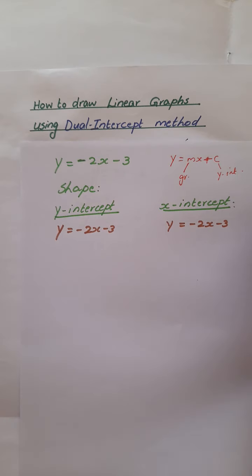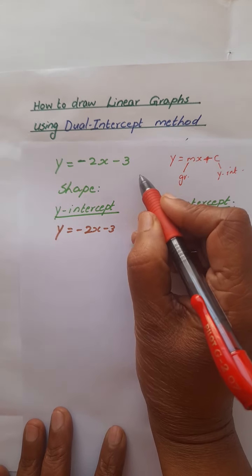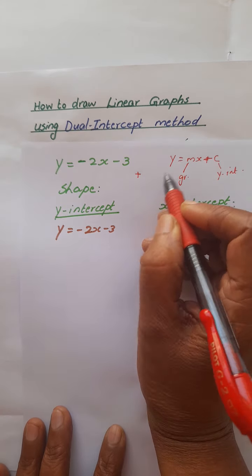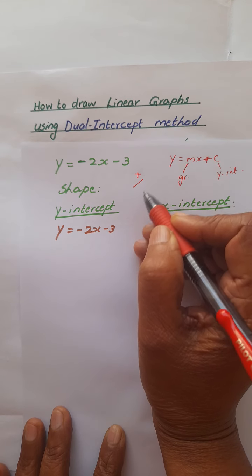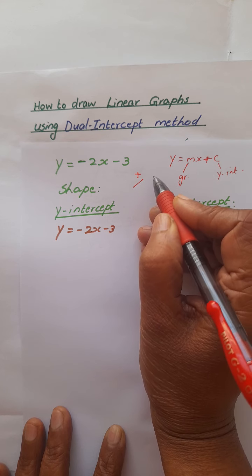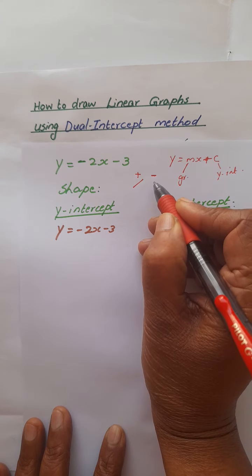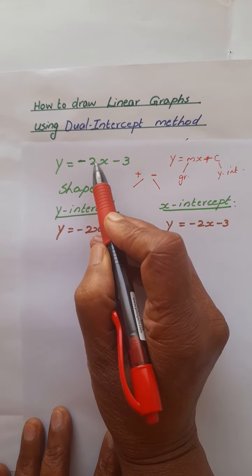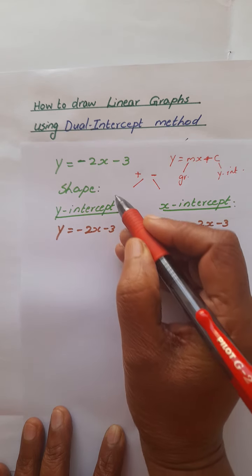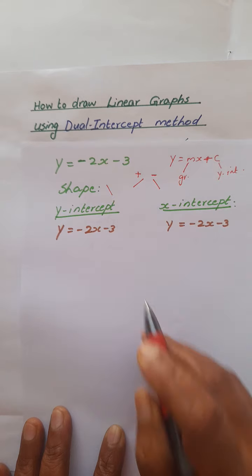If it is a positive gradient, then the graph is going up like that, an increasing function. If the gradient is negative, then the graph will look like this. In this case, the gradient is negative, so the graph is going to look like that.